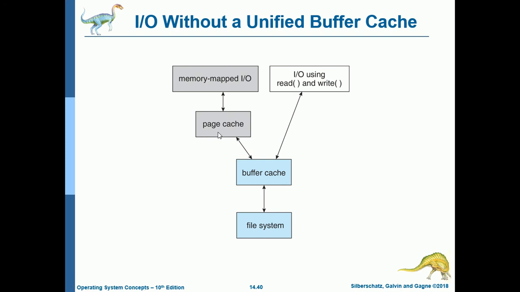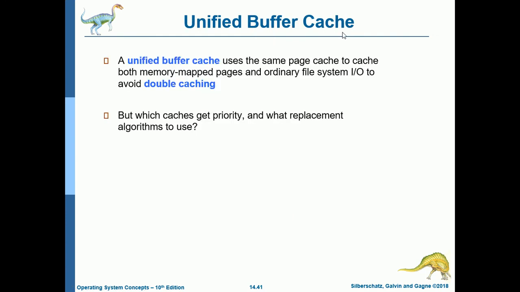So the problem is that, of course, it's a double effort. Not only does this waste memory, but it also wastes significant CPU and I/O cycles due to extra data movement within system memory. To solve that, we have this term, unified buffer cache. A unified buffer cache uses the same page cache to cache both memory mapped pages and ordinary file system I/O to avoid double caching.